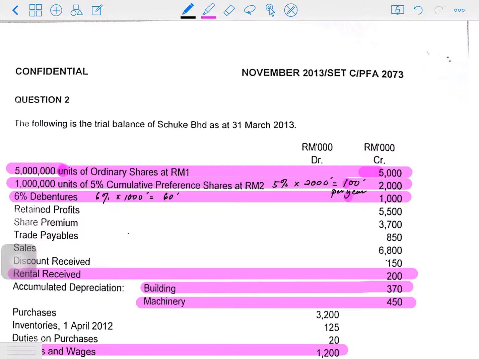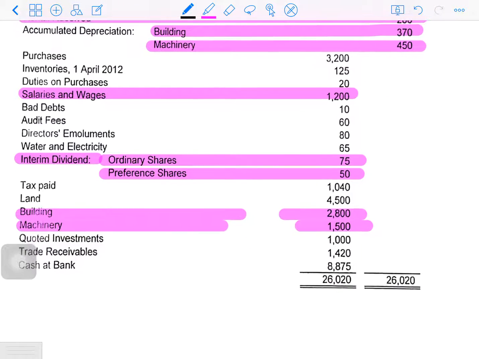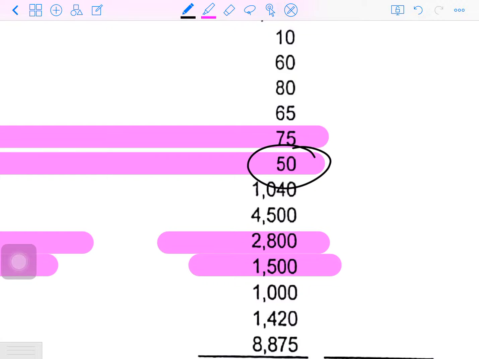Out of this 100,000, they have already paid 50,000 during the year. Another half has not yet been paid but has been declared, so you have to pay that other half, 50,000.